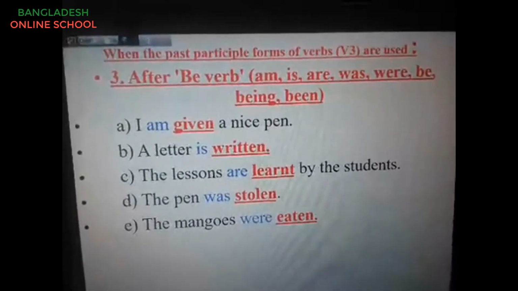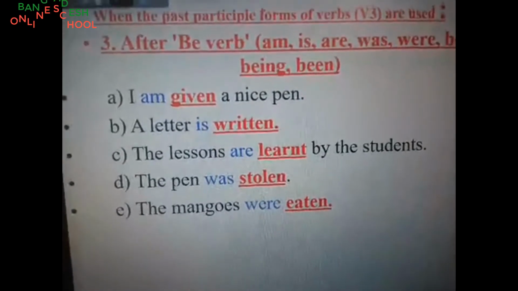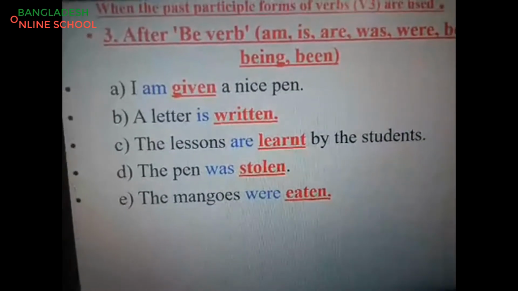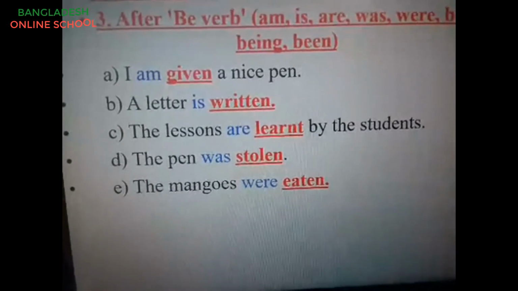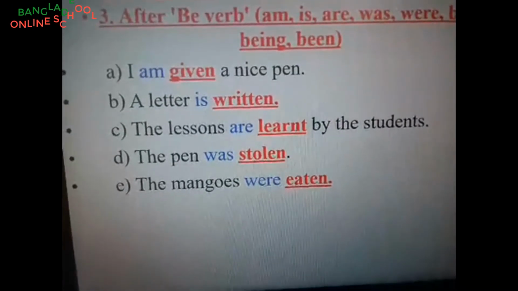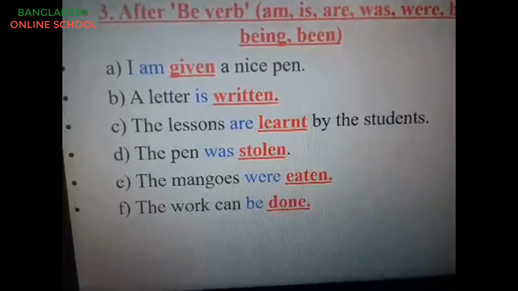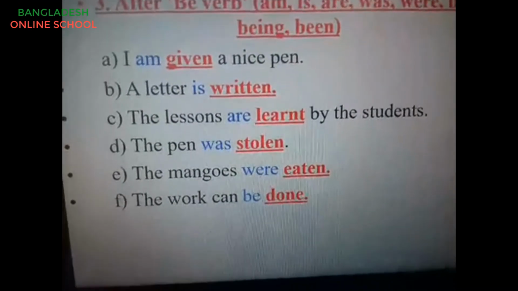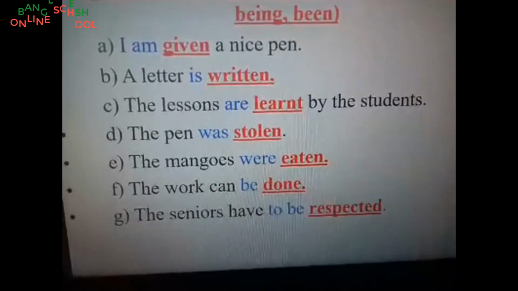In the next example, the mangoes were eaten. Here, after mangoes, were is used, and that is why eaten is used in the past participle form, because mangoes is a non-doer. Likewise, the work is a non-doer here. That is why after be, done is used.